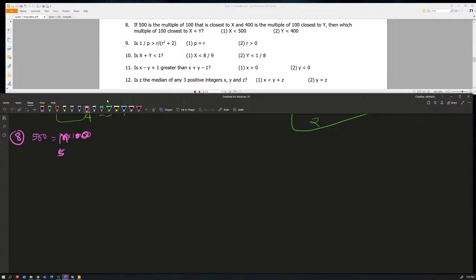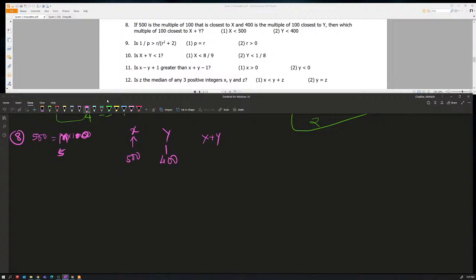Now, whatever this is, let's say x, and 500 is closest to x, and 400 is a multiple of 100 that's closest to y.